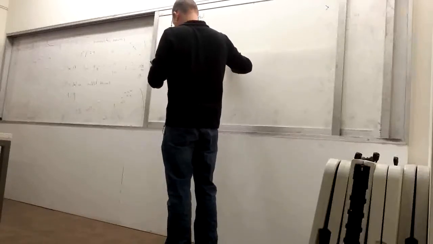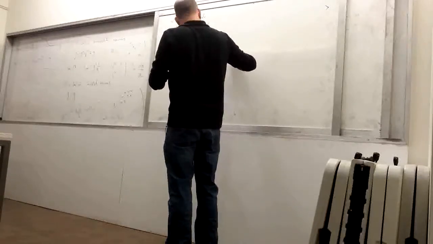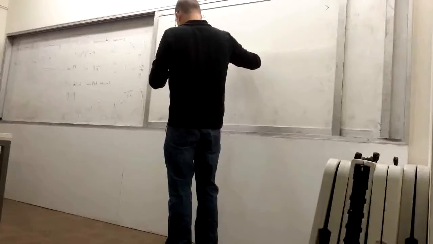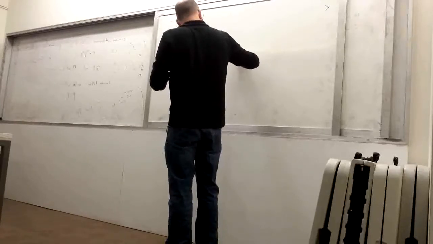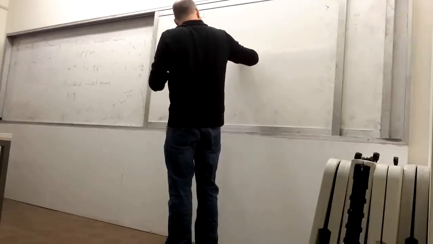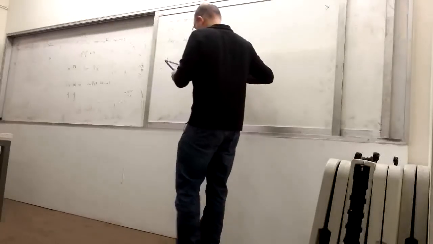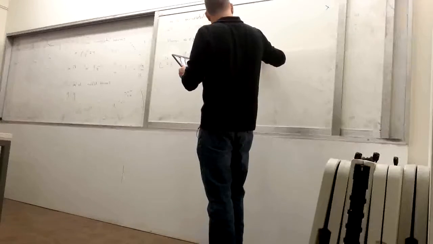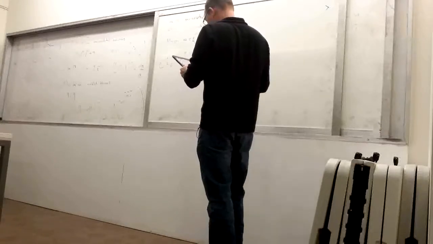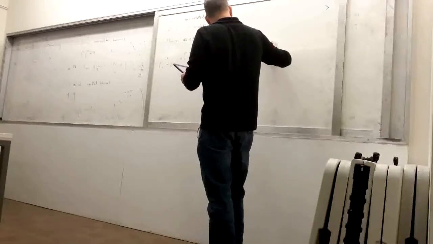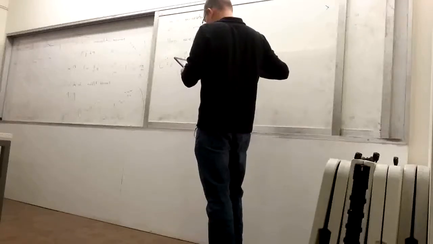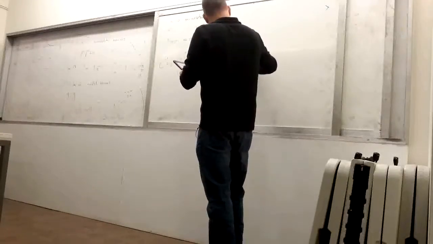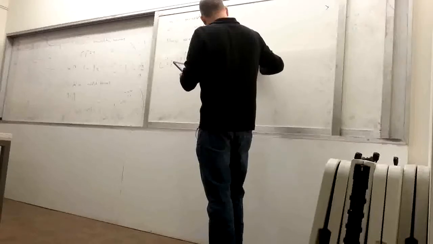B is equal to 1 over A times n alpha plus 1 minus 2 alpha, divided by n alpha plus 1 minus alpha, times 1 minus alpha.